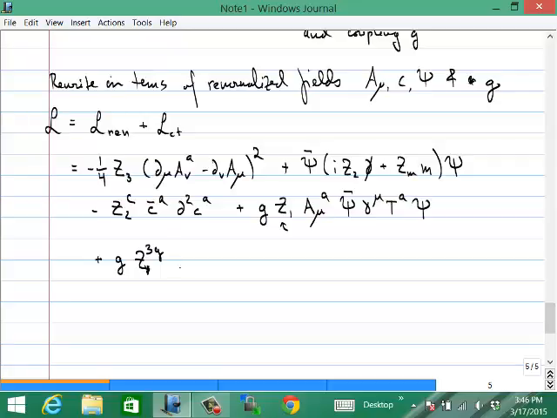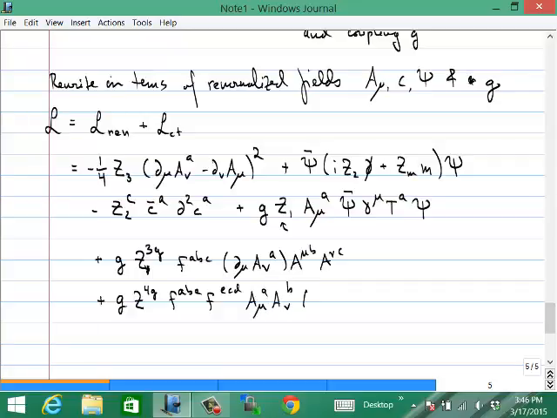That was f^{ABC} times ∂_μ A_ν^A A^{μB} A^{νC}. I'll call the renormalization of that term Z3g. And finally, there's a 4-gluon term which could get renormalized. That involved two structure constants, f^{ABE} f^{ECD} A_μ^A A_ν^B A^{μC} A^{νD}.